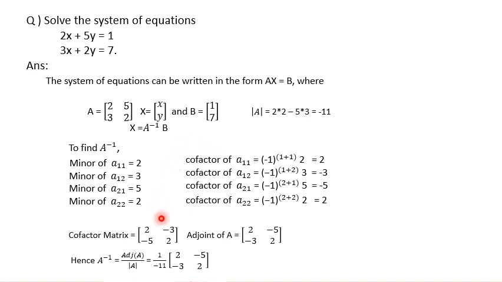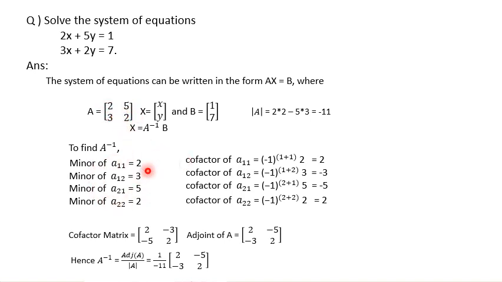So, here, just revising how we find the inverse of A. First step, we need to find the determinant of A. Then after that, we need to find minors of each entry: minor of A11, minor of A12, minor of A21, minor of A22.